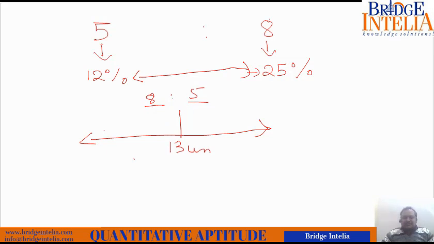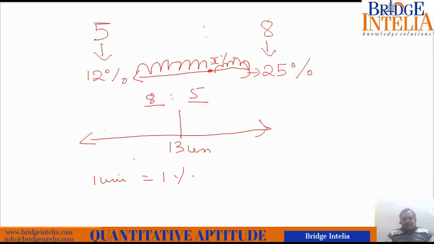So 1 unit is equal to 1%. So let the final answer be X%. So I mean to say that this X is 8 steps away from 12 and only 5 steps behind 25. Fine. So this is another way of thinking. If you don't want to solve it, you can visualize it.